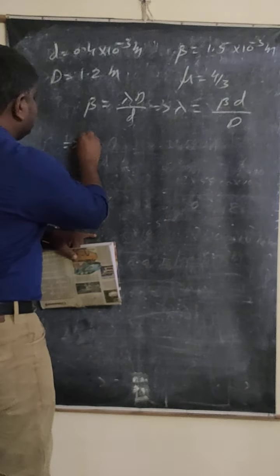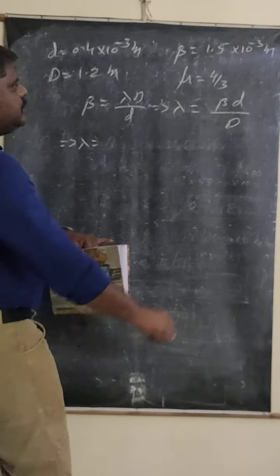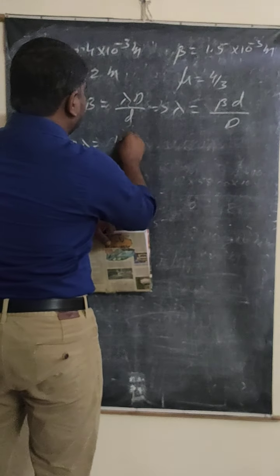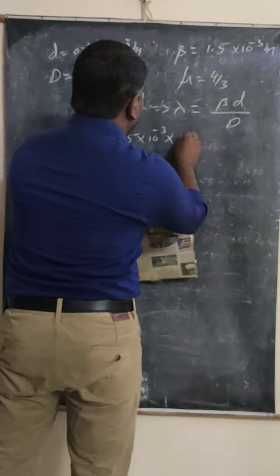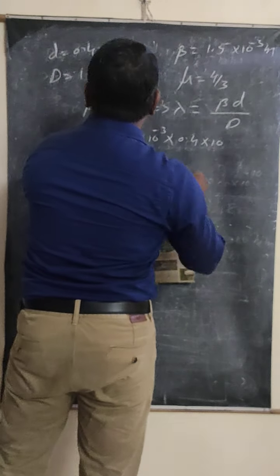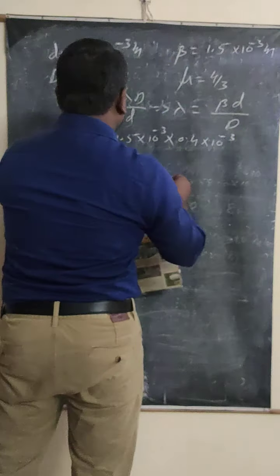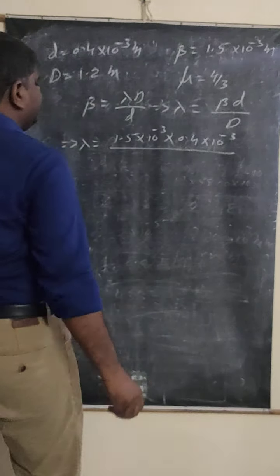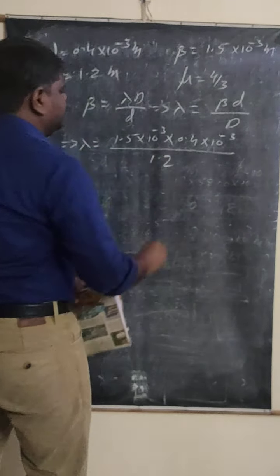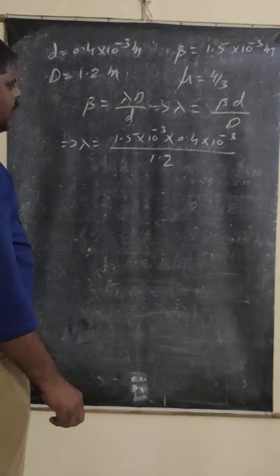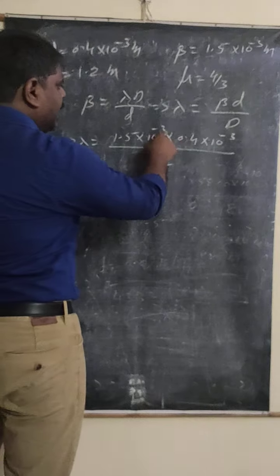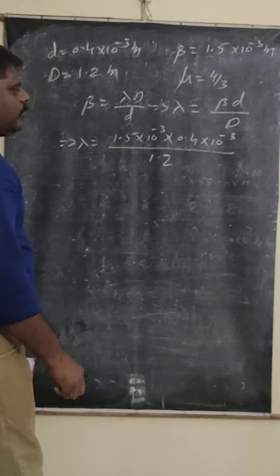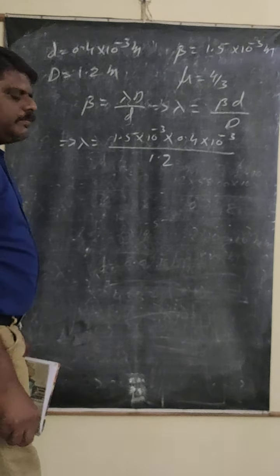Substituting the values, lambda = 1.5 × 10^-3 × 0.4 × 10^-3 / 1.2. Simplifying, 10^-3 times 10^-3 is 10^-6, and with the decimals it becomes 10^-8.